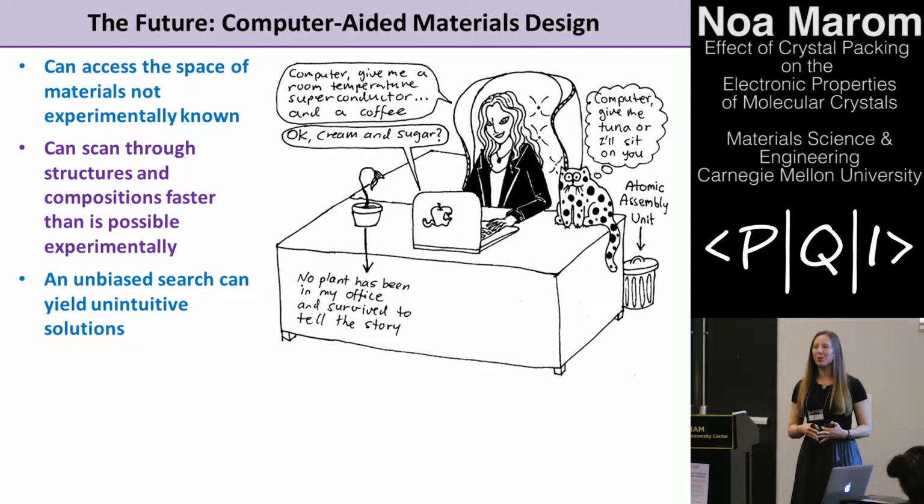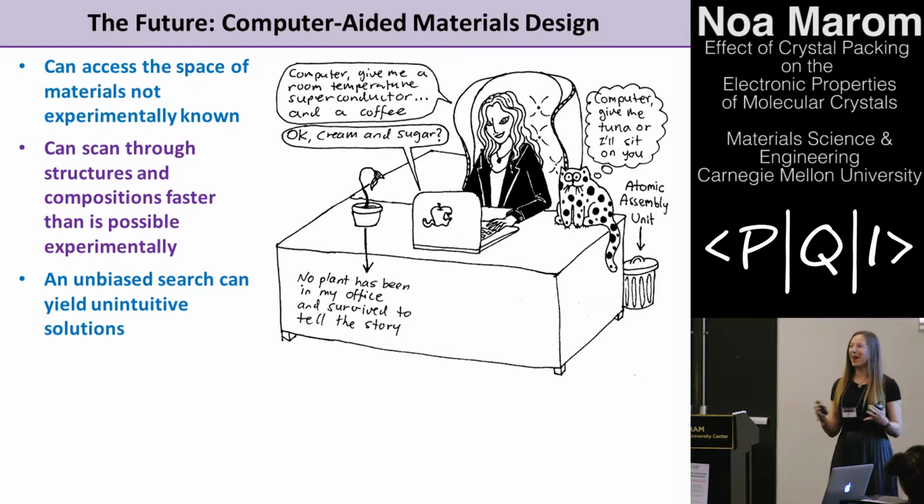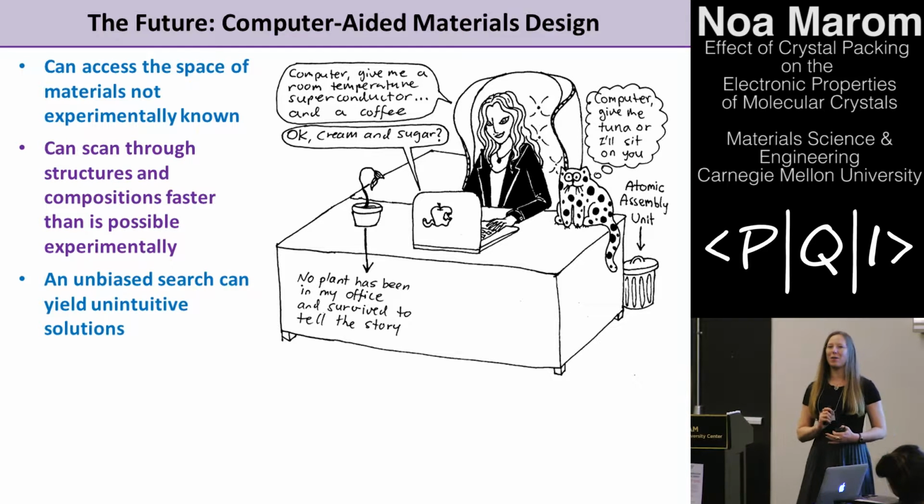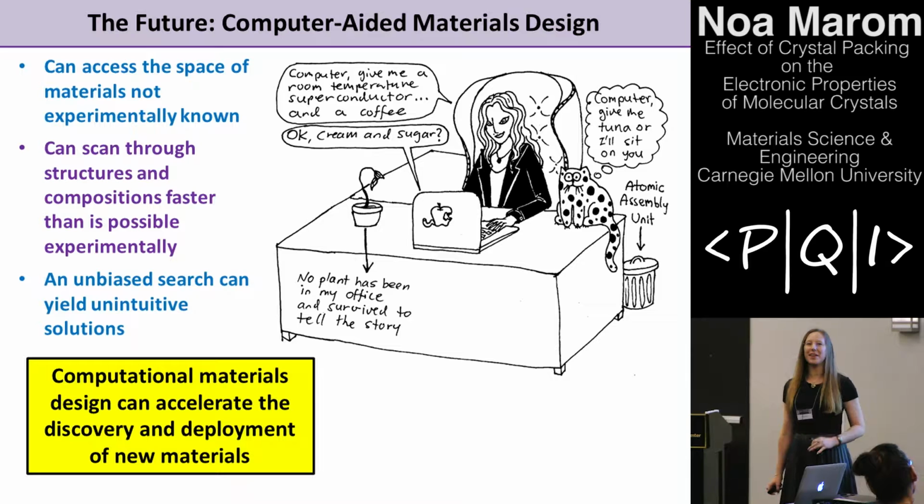And we can scan through structures and compositions faster than is possible experimentally because conveniently we don't have to actually make or measure anything. And then if we have a good algorithm for scanning that configuration space, we might be able to come up with unintuitive solutions. So you can see how computational materials design can accelerate the discovery and the deployment of new materials.